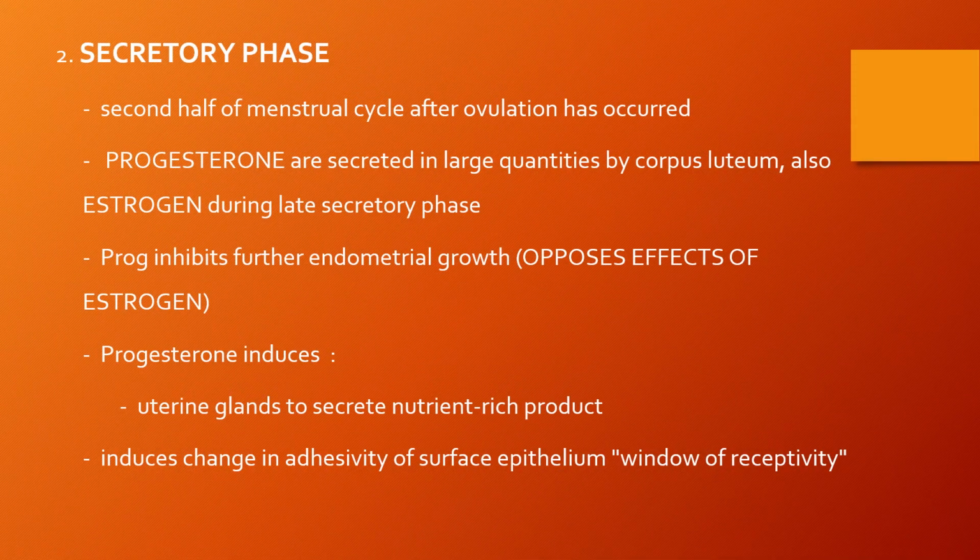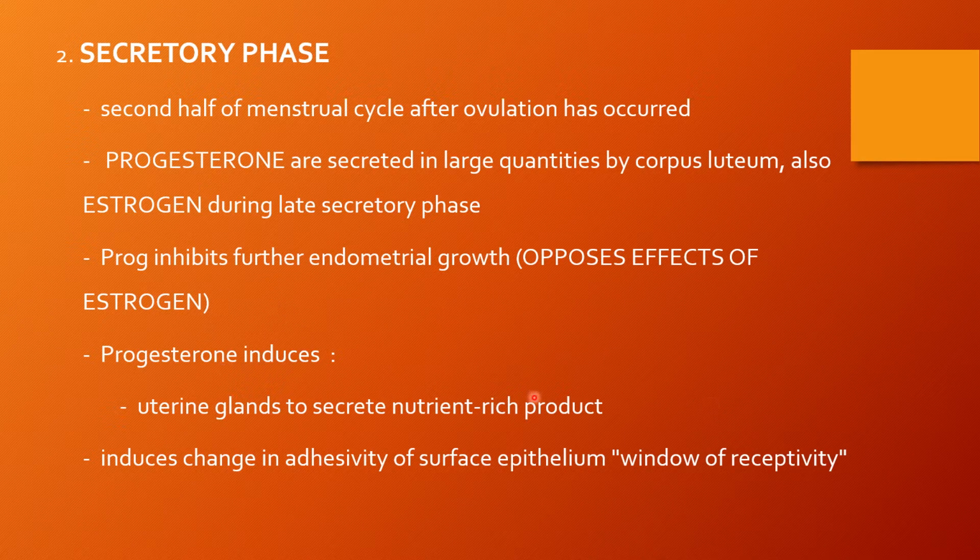After your proliferative phase will be your secretory phase. This is the second half of your menstrual cycle after ovulation has occurred. Progesterone is secreted in large quantities by the corpus luteum, also estrogen during the late secretory phase. Your progesterone will inhibit further endometrial growth, opposing the effect of your estrogen.